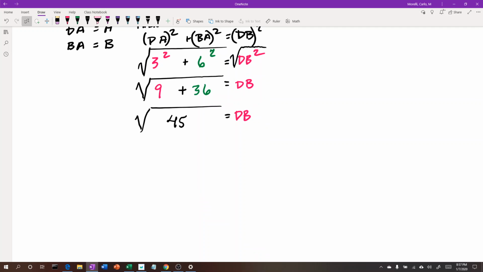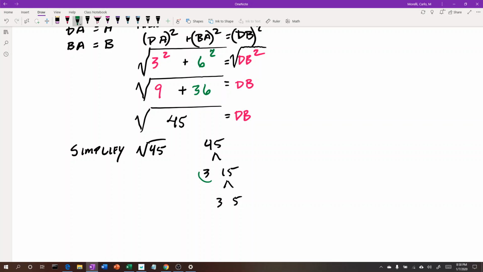Now we should simplify the square root of 45, right? If you remember how to do that, what you do is you take 45 and you break it down, right? That would be like 5 times 9 or 3 times 15, something. Break that down into 3 times 5. So you've got 2 3s.